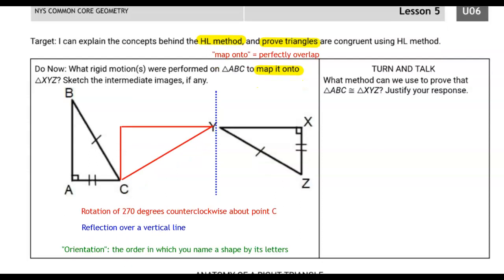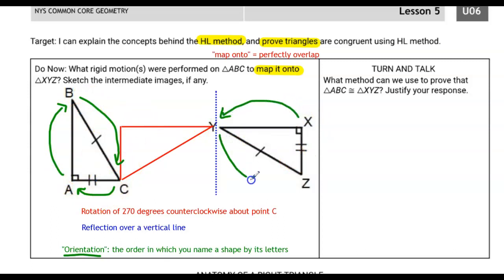In the unit, we talked about transformations. The word orientation means the order in which you name a shape by its letters. For example, triangle ABC has this kind of orientation. I go from A to B to C. It looks like this is a clockwise orientation. I'm spinning around the shape in a clockwise orientation, the same way a clock would spin. However, with XYZ, I'm going from X to Y, and then from Y to Z. This is a different orientation.